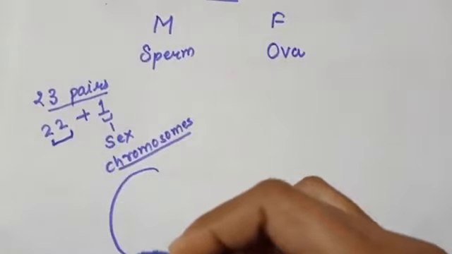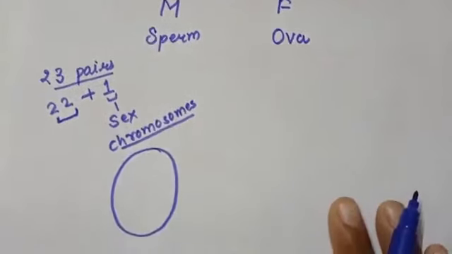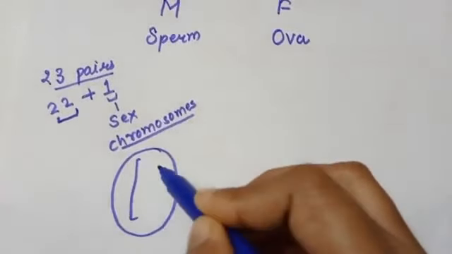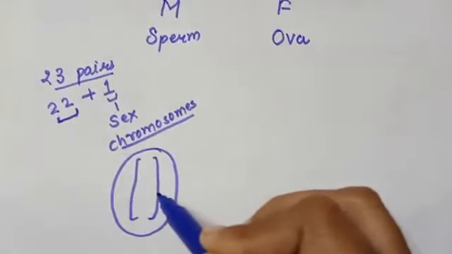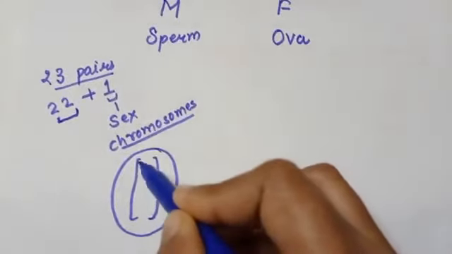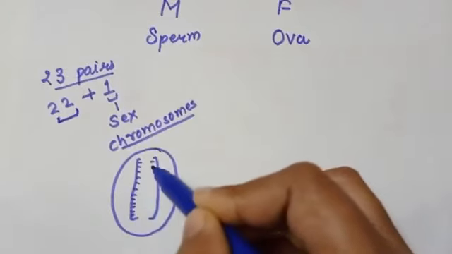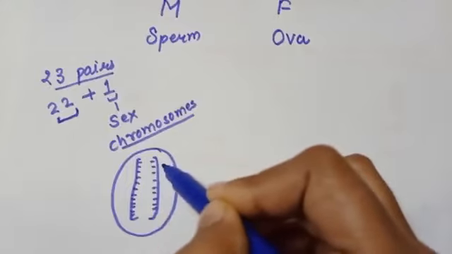If I try to represent a male germ cell, I'll have the pairs of chromosomes present in the nucleus, 23 here and 23 here.